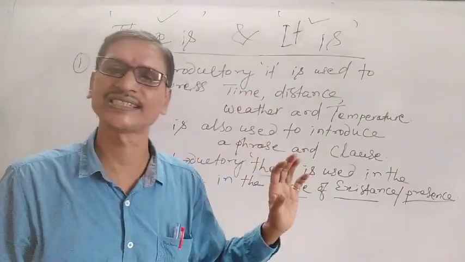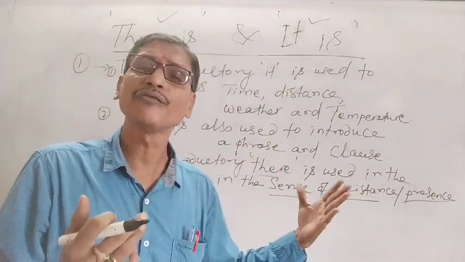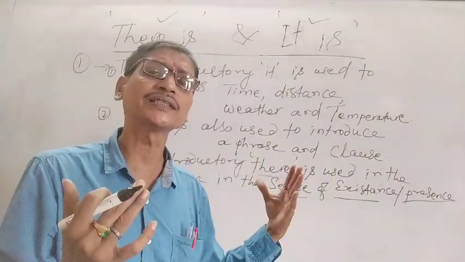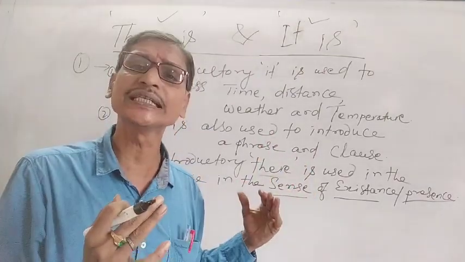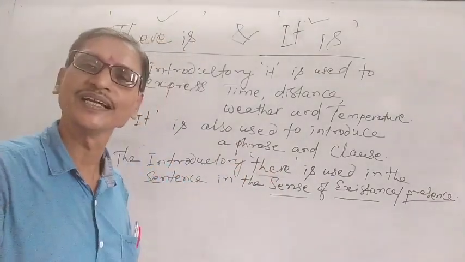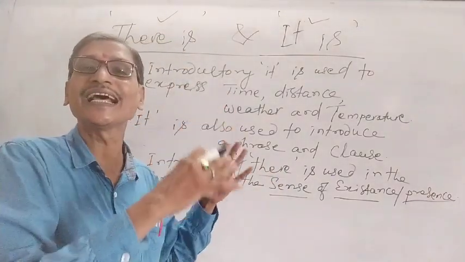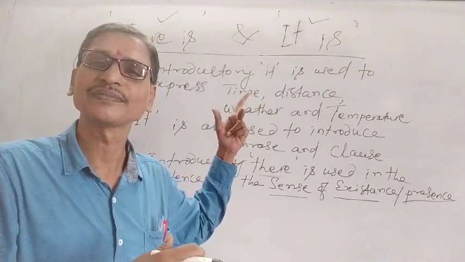We can use, there are 100 pens. When we are talking about 100 pens, which is a plural subject, in that case we cannot use "is", we have to use the plural form. So this is the difference between "there" and "it" that we understood earlier.